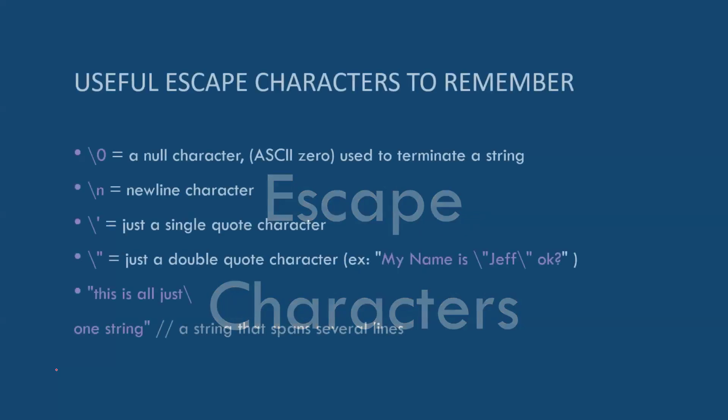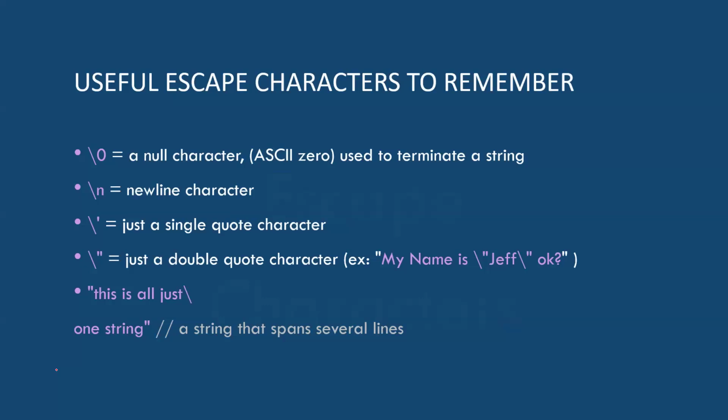So again, just about escape characters real quick. There are all sorts of interesting things that we can do with these special characters. \n is just a way of saying, hey, don't treat this like the end of something. It's just a character inside of my quoted string. Or don't treat this like the end of my sentence, just treat it as something in the middle of a sentence, like my name is Jeff. So those escapes or backslashes are powerful things.